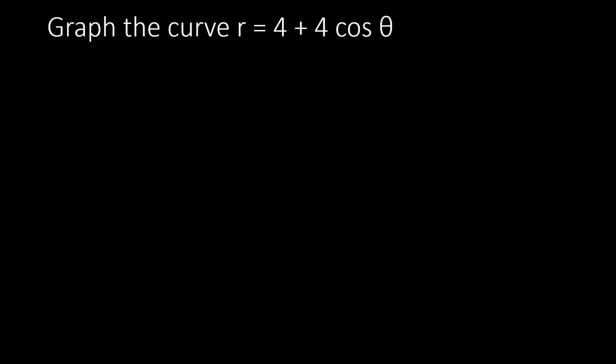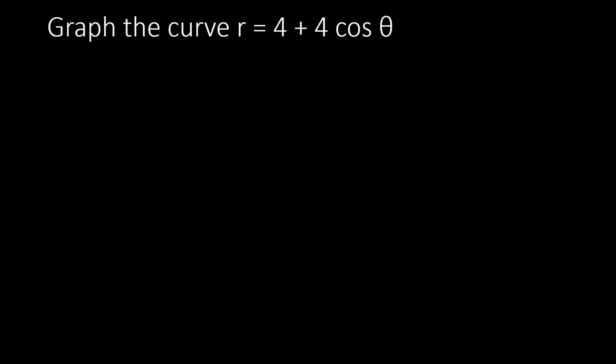Let us now draw the graph of R equal to 4 plus 4 cosine theta. Now, what we will employ here is point plotting. We will be substituting values to theta, and we will calculate for the corresponding R value, and then we will plot the polar coordinates.